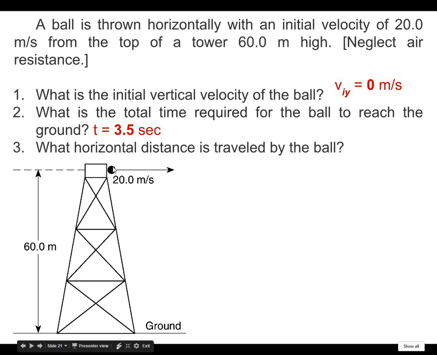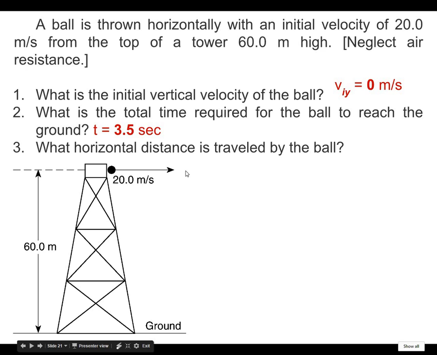It still would take 3.5 seconds to reach the ground. It would reach the ground at a great distance, but the time it would take for this ball to reach the ground would be the same, because that time is only affected by the distance traveled vertically.